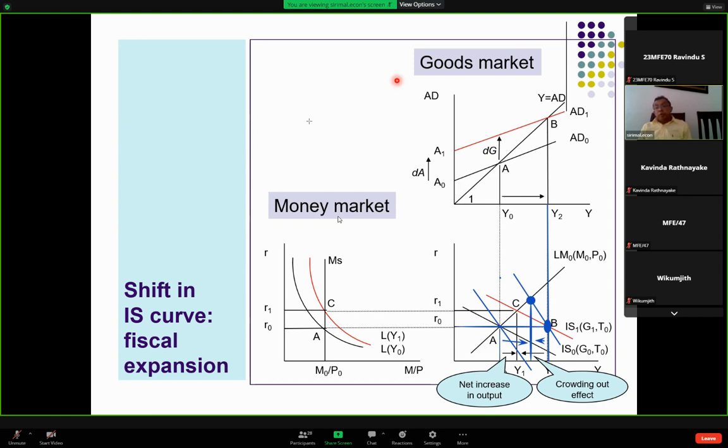Which means now you can see the greater the slope of the IS line, the smaller will be the crowding out effect. You can note it down: the higher the slope of the IS line, the smaller will be the crowding out effect.